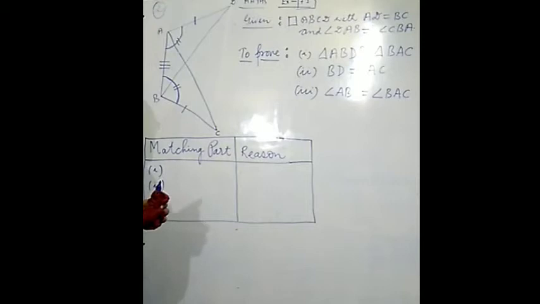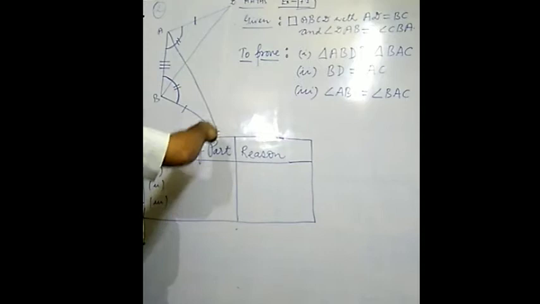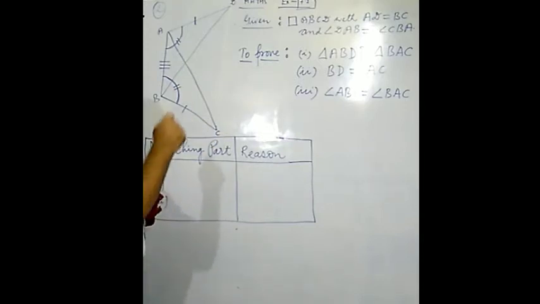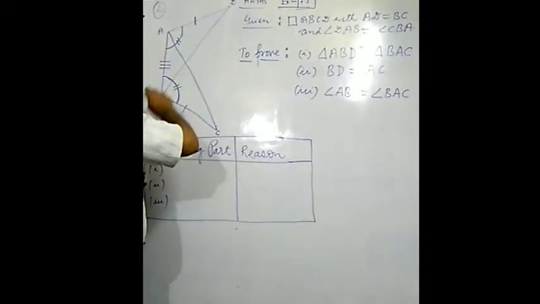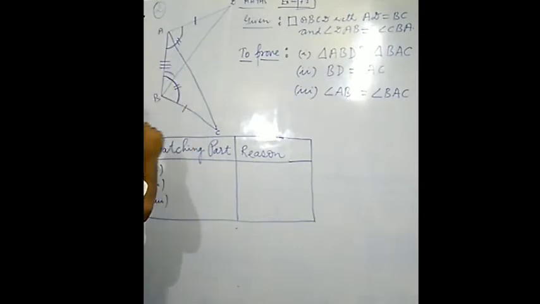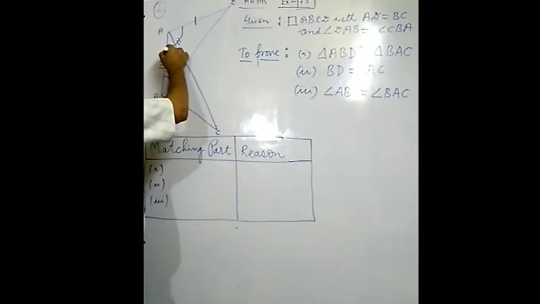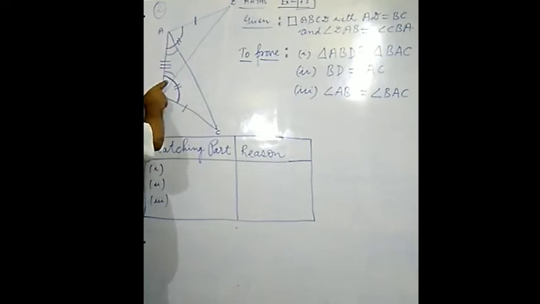If both the triangles are congruent, then BD will be equal to AC by CPCT. The third one is angle ABD. ABD means this angle, equal to angle BAC, this angle. These are also corresponding parts of both the triangles.